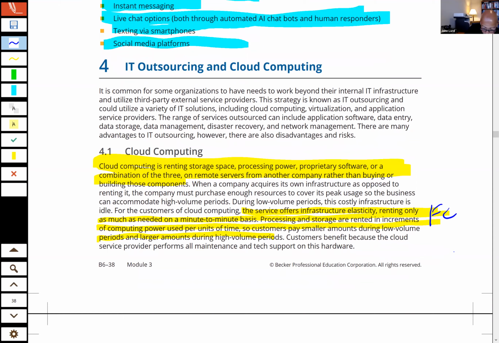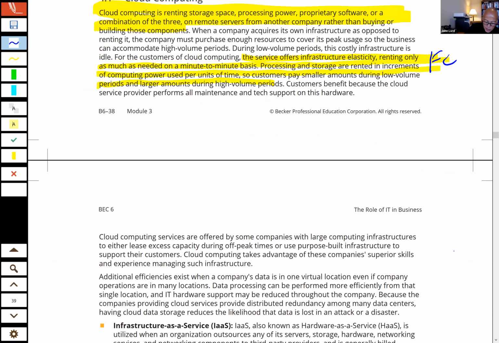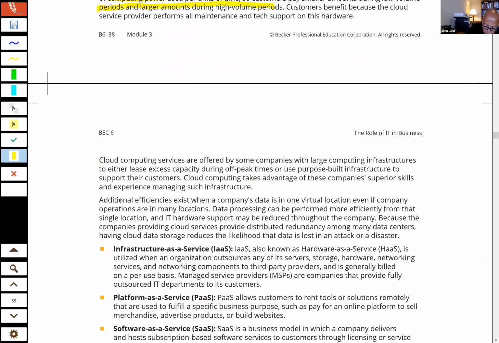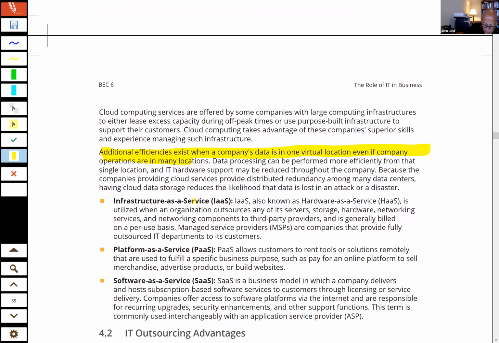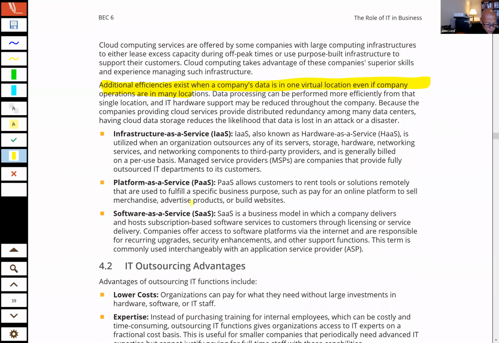Now, they tell us on the next page that additional efficiency exists when a company's data is in one virtual location, while the company operations are in many locations. Okay, now we have different types of infrastructure, and we have infrastructure as a service.